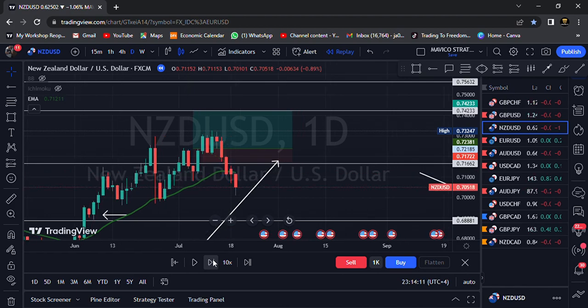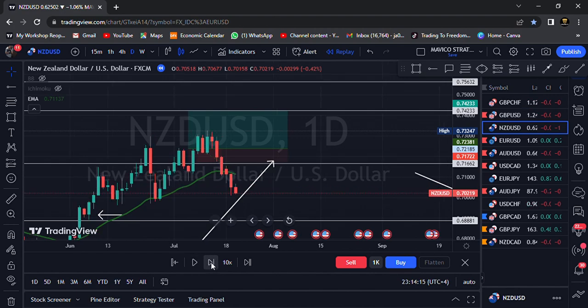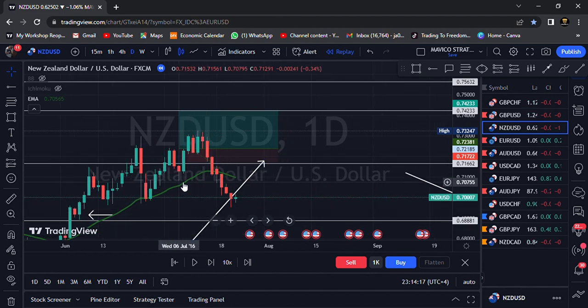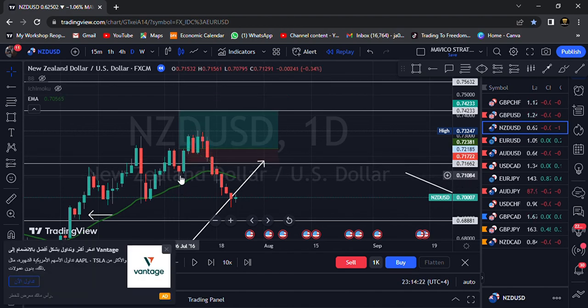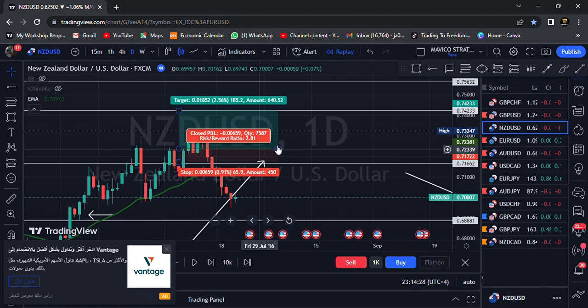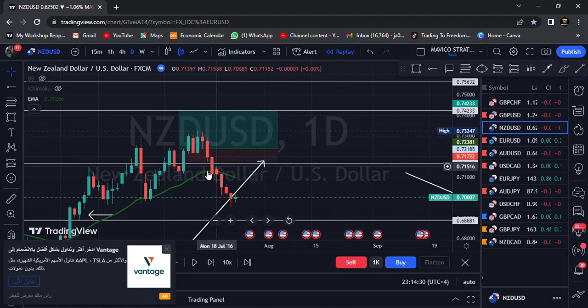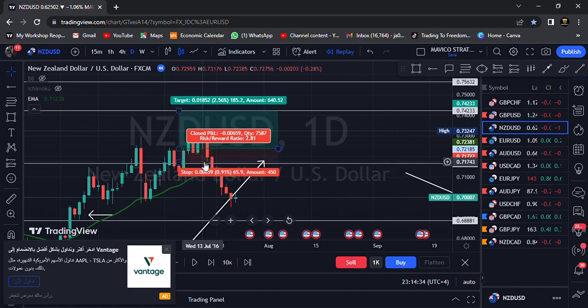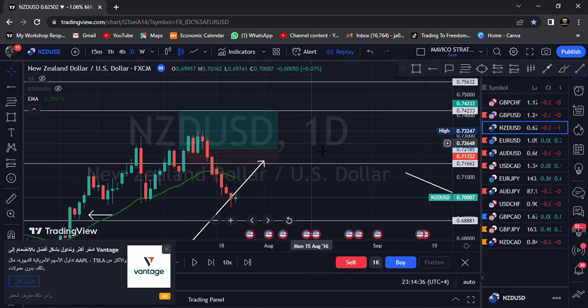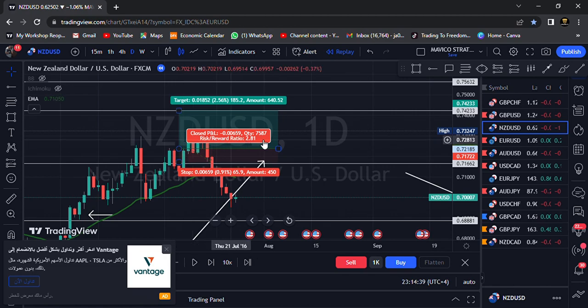As I said, it's really not a clear one. Why I entered here is just because of this hammer above the moving average. If we were about to enter, it would be advisable to enter here above the hammer, not after the market has almost exhausted here.